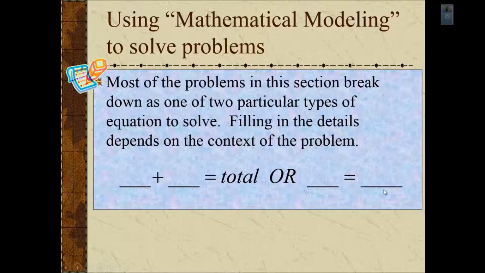If you have two descriptions describing the same situation, we're going to set that up as blank is equal to blank. Throughout this section, watch for these two patterns, and I think you'll see them come up over and over again in a lot of different situations. Of course, the details of how you fill in these blanks is going to really determine whether you can move forward with that problem or not.